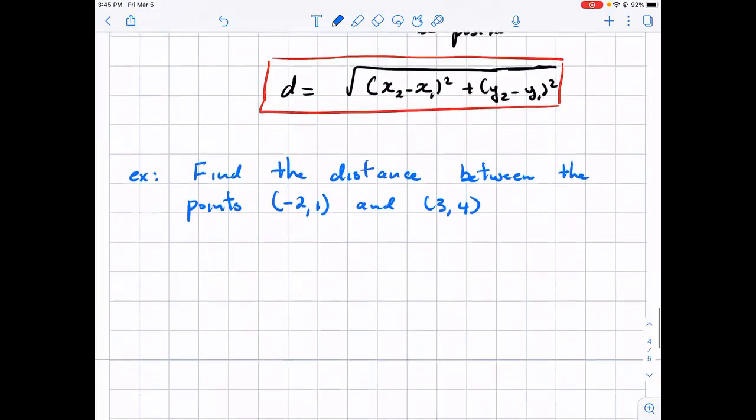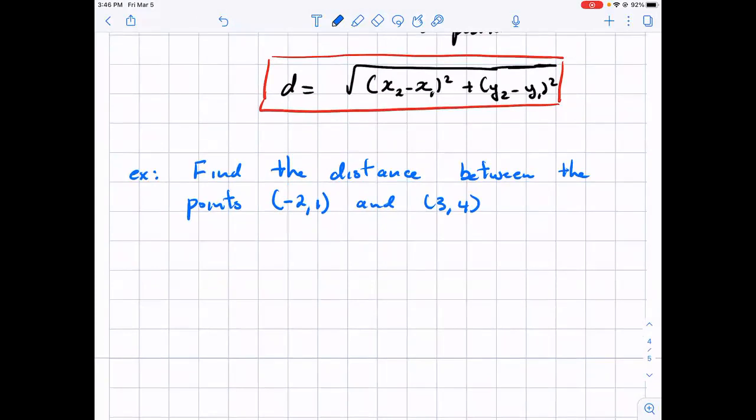So we know that the distance formula is d equal to the square root of (x2 minus x1) squared plus (y2 minus y1) squared.